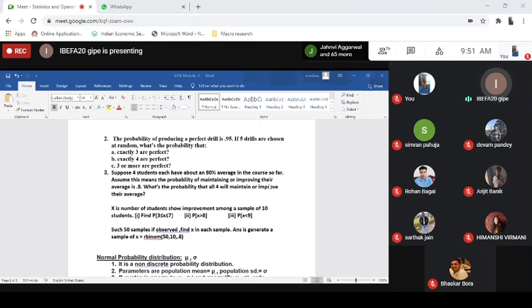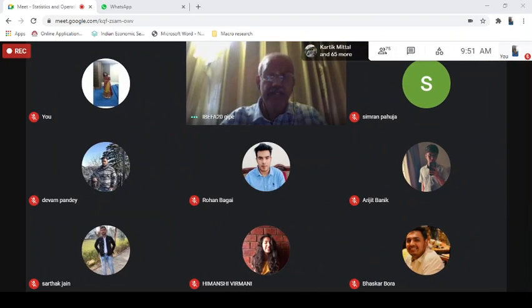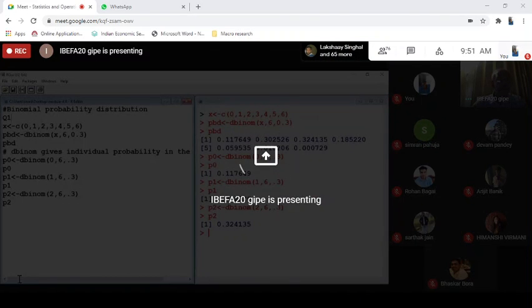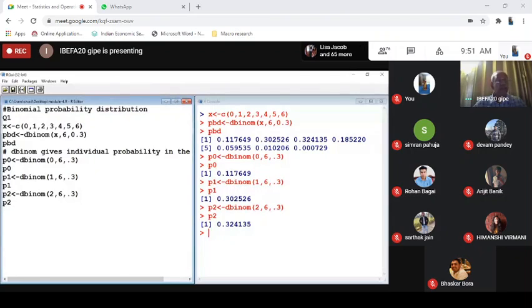So in this example, the event is perfect drill among the sample of 5 locations. Hence, I will be having a sample of size 6.